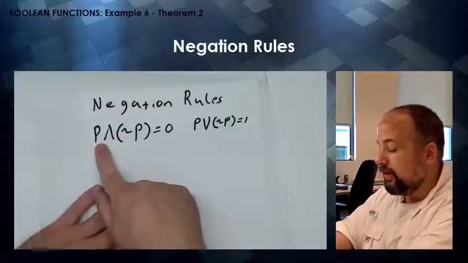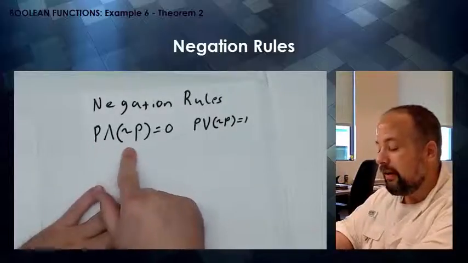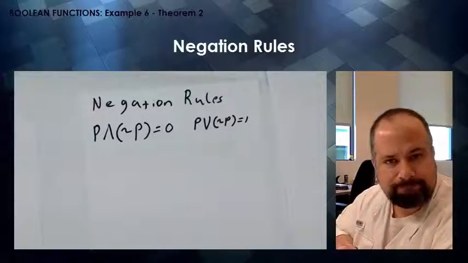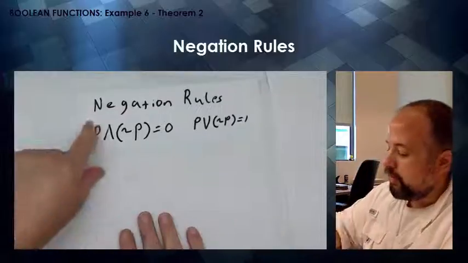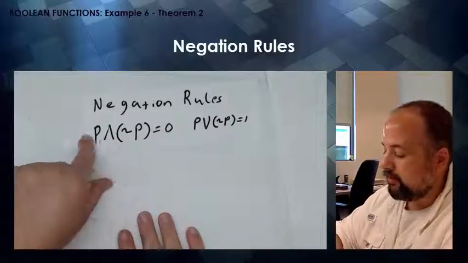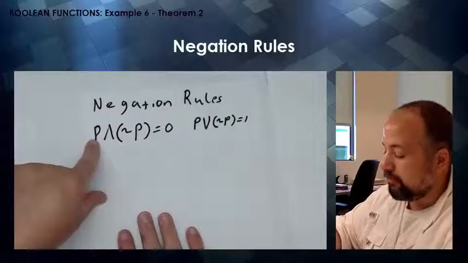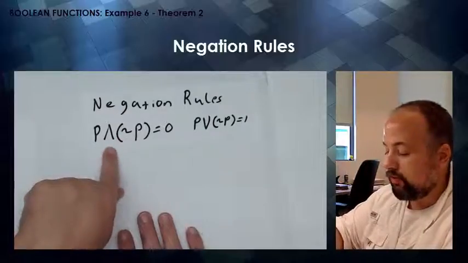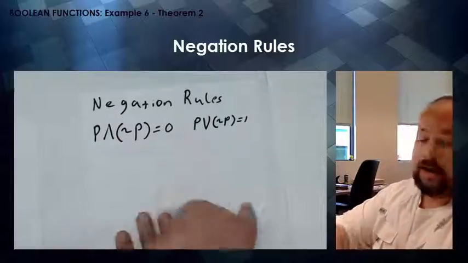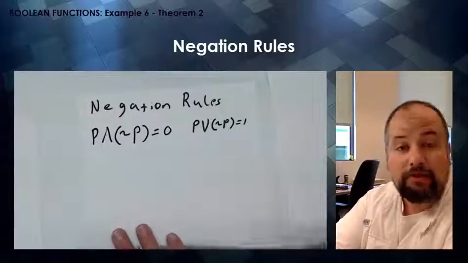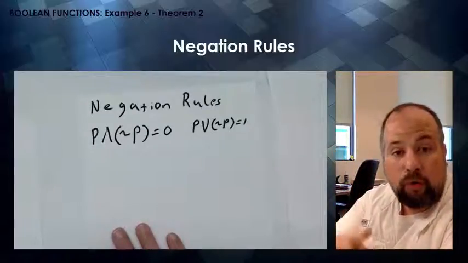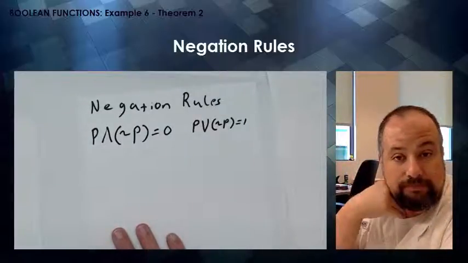The negation rules say that P and not P must be 0, right? If P is 0, then obviously it's going to be 0. If P is 1, then not P has to be 0, so the whole output must be 0. And by the other token, P or not P has to be 1, right?